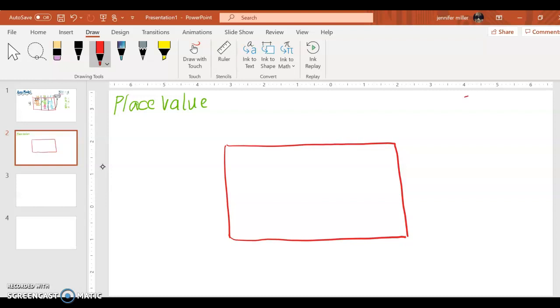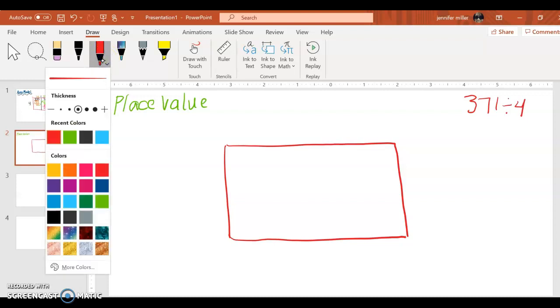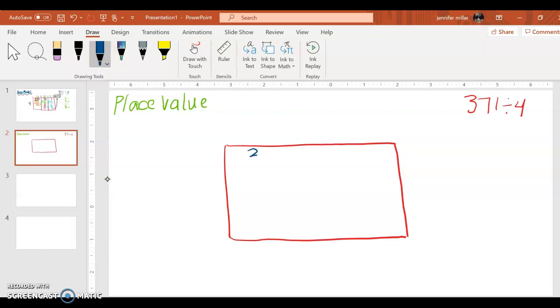So we're still doing the same problem of 371 divided by 4. Only this time, we're just taking the 3, the 7, and the 1. Now we're still actually doing it the same way we did it a second ago, except this time we're remembering that these are hundreds, tens, and ones. And then of course we're dividing by 4.